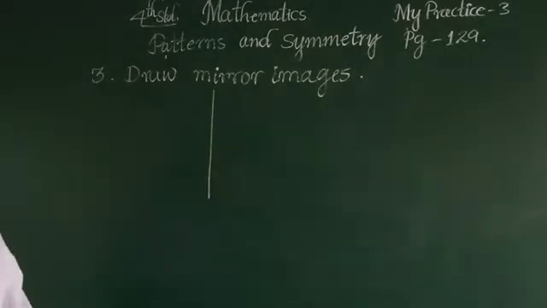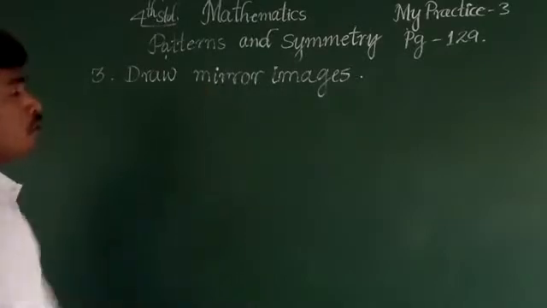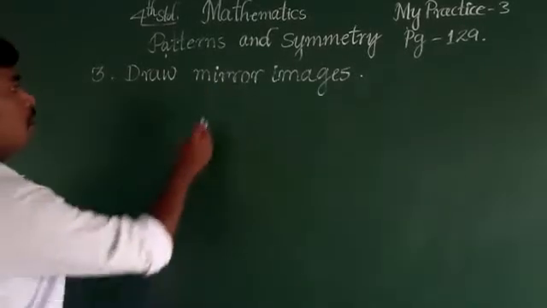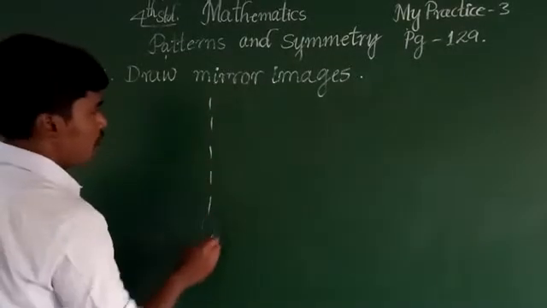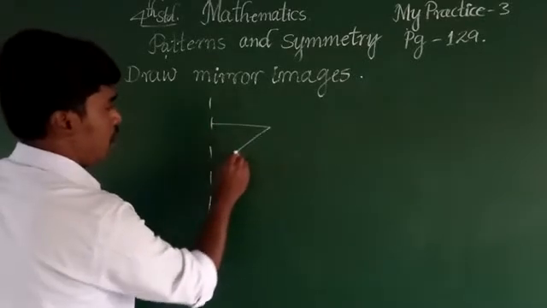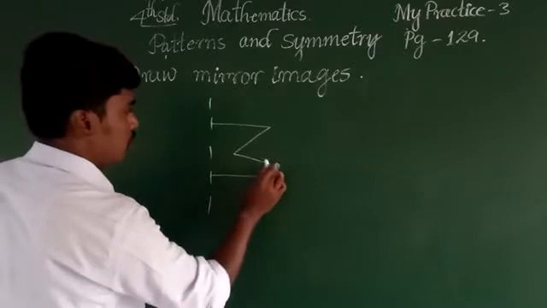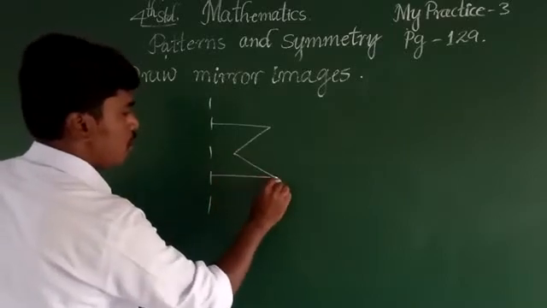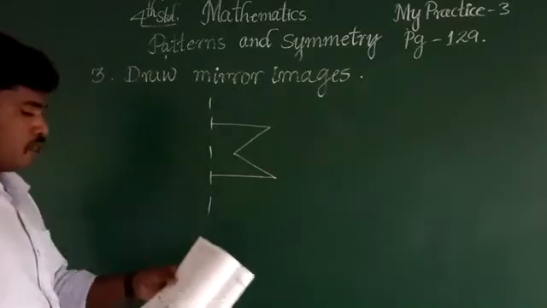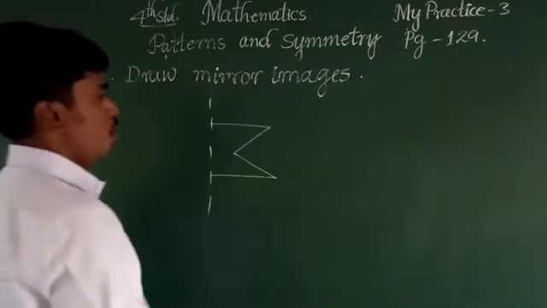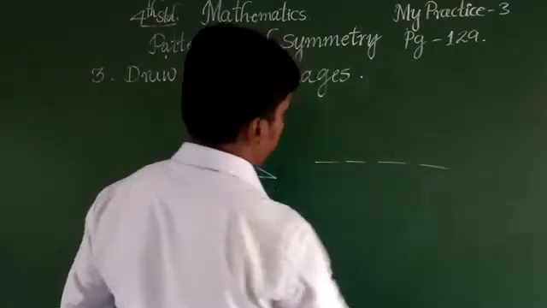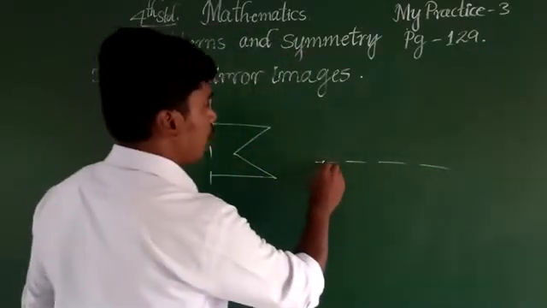Usually you should represent it using a dotted line. This is the dotted line. This is the figure, just like M. Another one is there here.